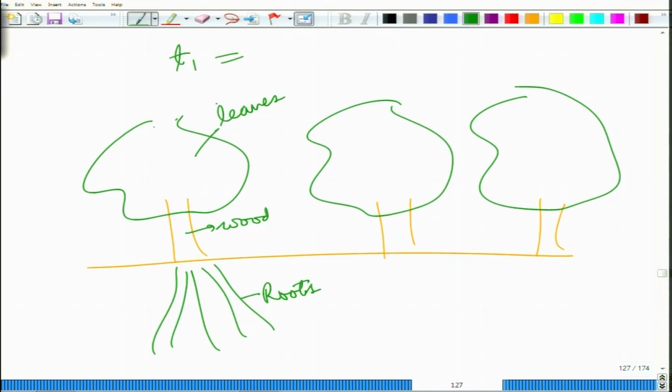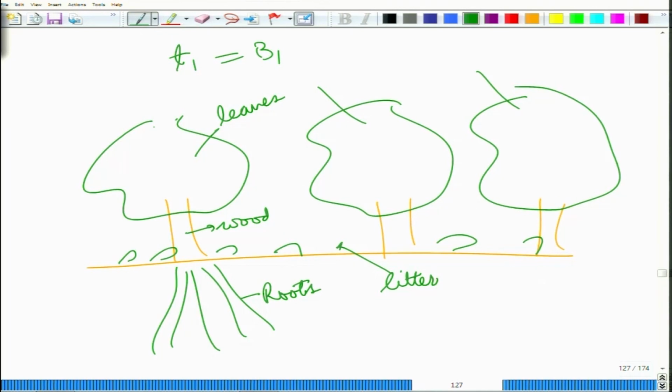So, you add the leaves from this plant, this plant, this plant and so on, and also you can make an estimate of the amount of litter that has gone down. So, litter consists of the dead wood or the decaying wood or the dead leaves that have come down. Now, at time t1 you make this measurement of the total amount of biomass that is present in this forest and you measure that it is B1.